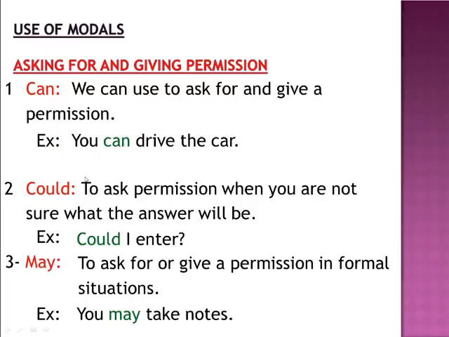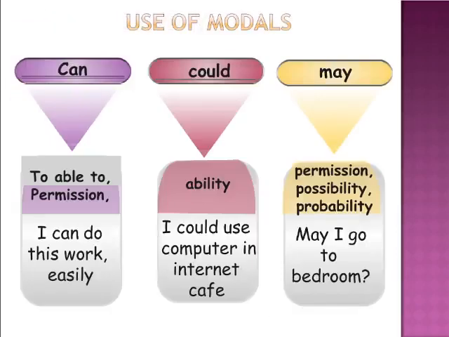Can, able to, permission. Can also means to be able to, and it is also used for permission. I can do this work easily. That is showing his ability to do that work. And also we can use this for any permission.